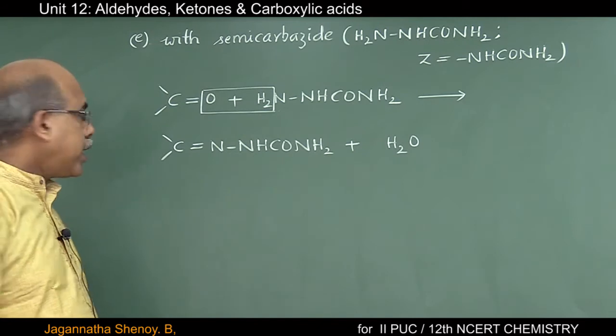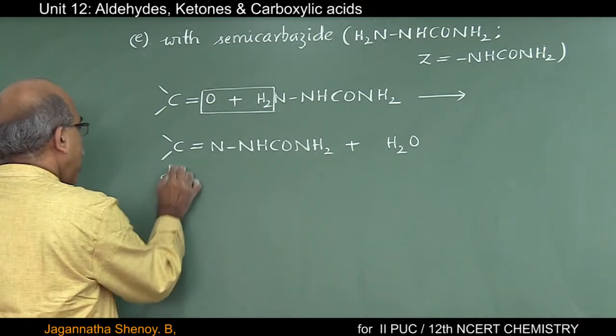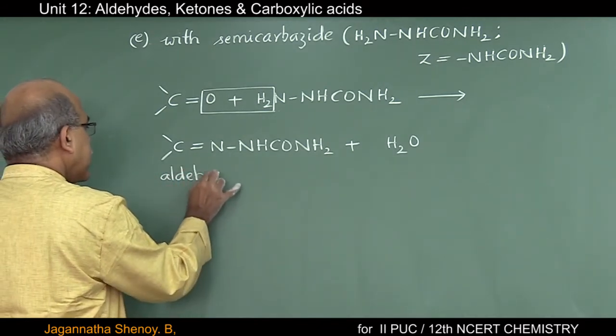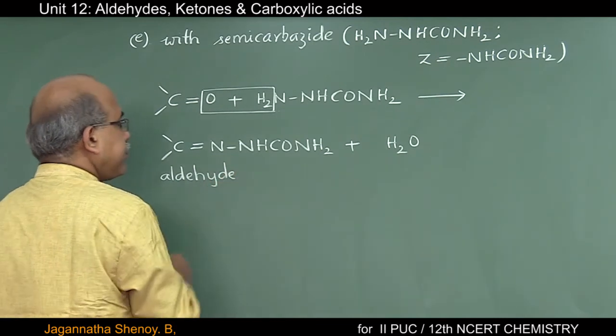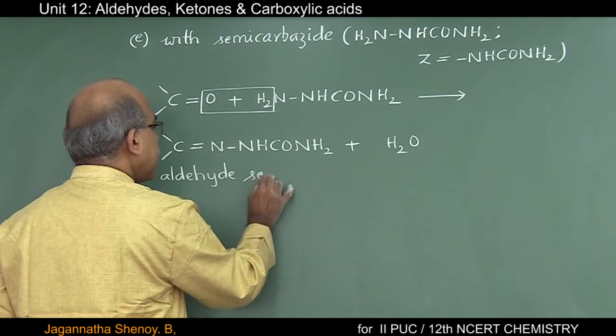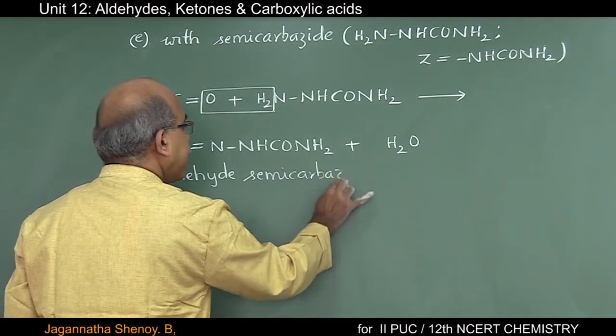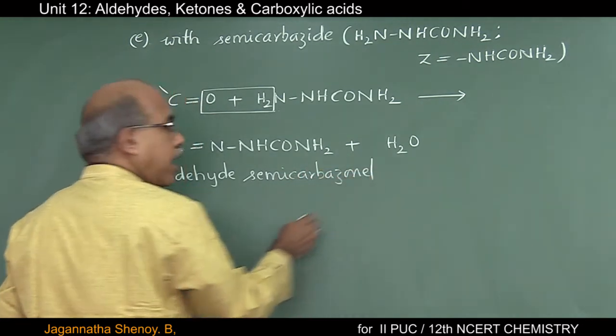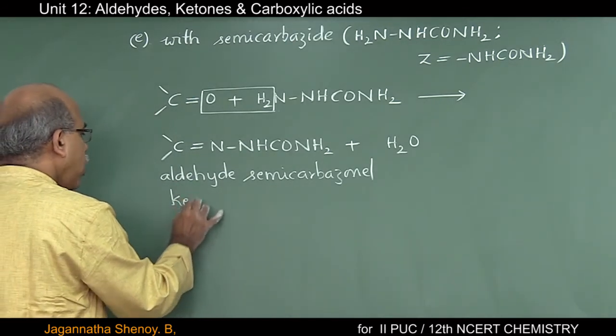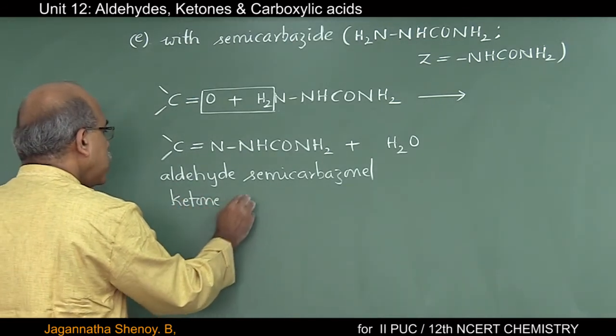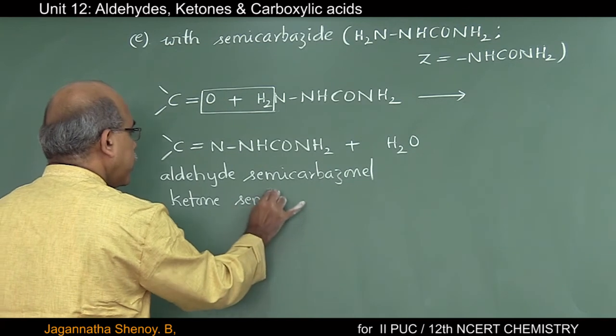And whatever product is obtained, if we start from aldehyde, we call it aldehyde semicarbazone. If I start from ketone, I call it a ketone semicarbazone.